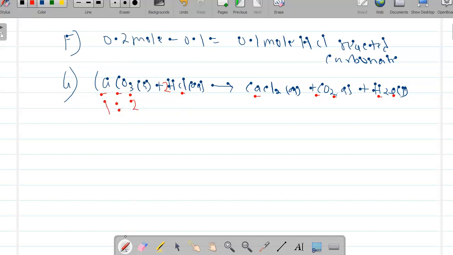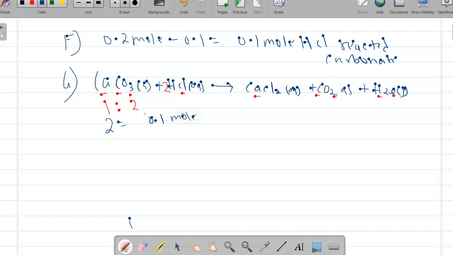Then in this case we have the number of moles of the acid that reacted with the carbonate, which is 0.1. Therefore we will say 2 moles is equal to 0.1. Let me use the other pen. So 2 moles of the acid is equal to 0.1 moles.